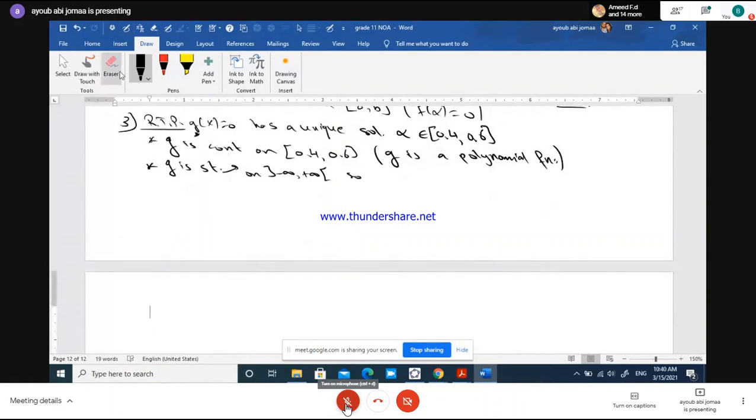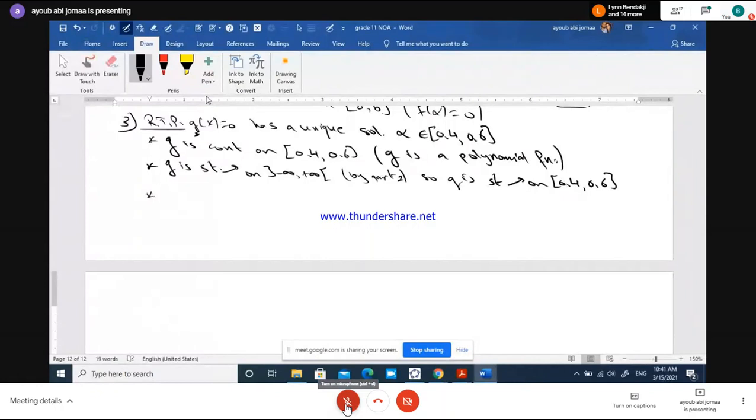This is not from me, it is from part 2. So G is strictly increasing on the interval 0.4, 0.6. Don't invent anything.